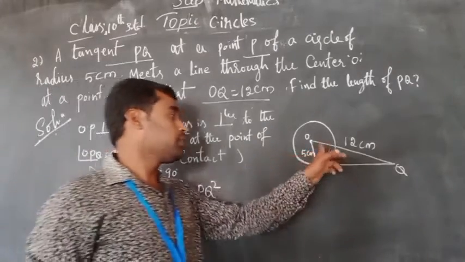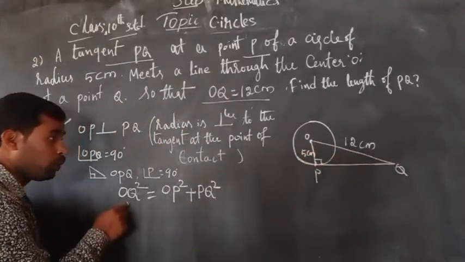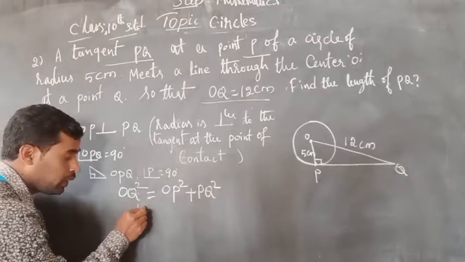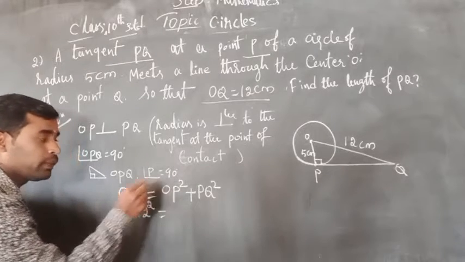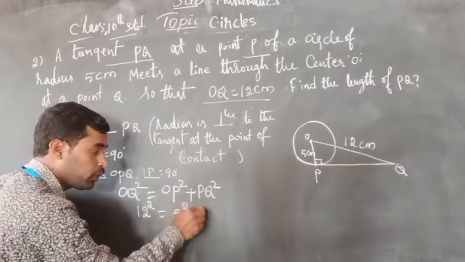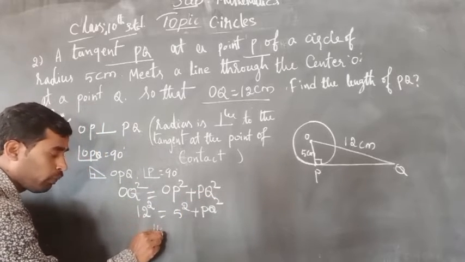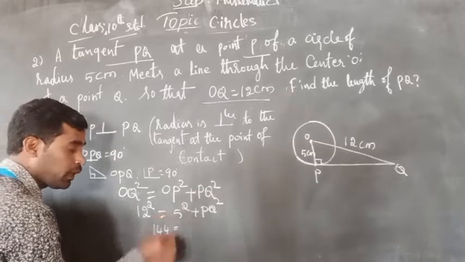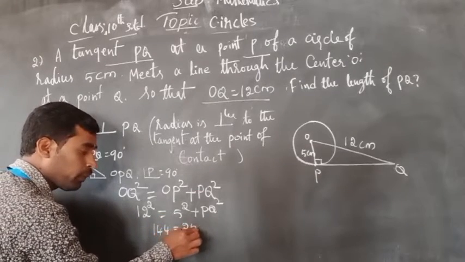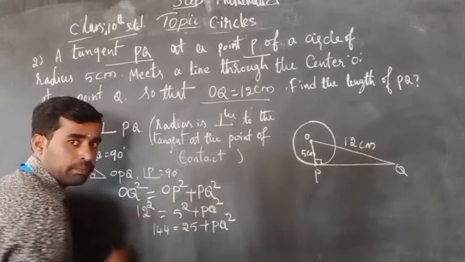Now OQ is 12, so 12 square is equal to OP 5 square plus PQ square. 12 square is 144, which is equal to 5 square, which is 25, plus PQ square.